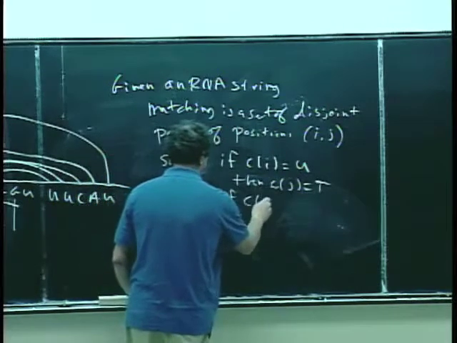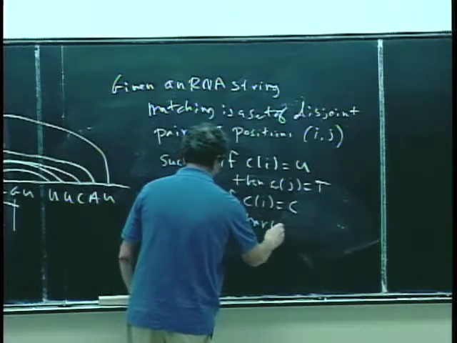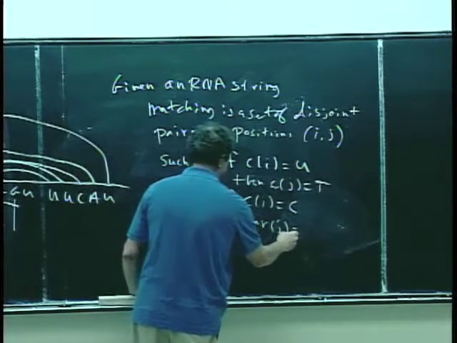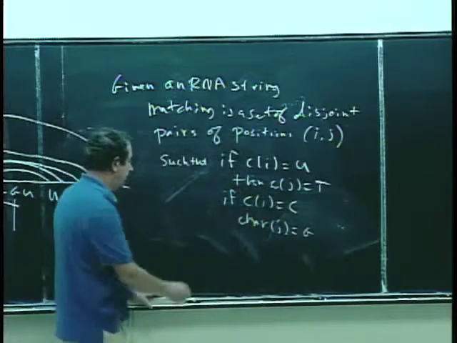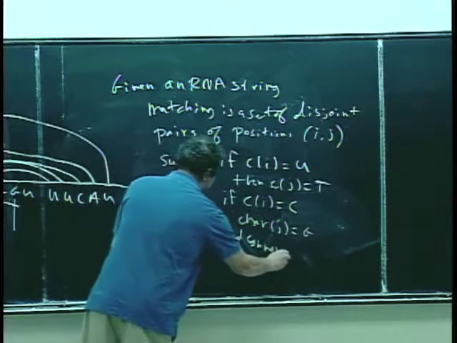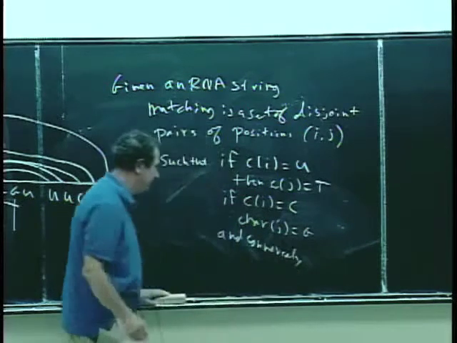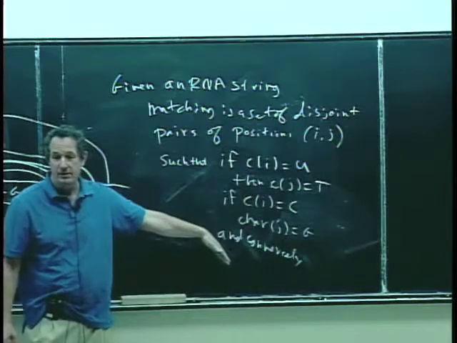If the character of I equals C, the character of J equals G, and conversely. There should be 4 cases here. Okay? Yeah.